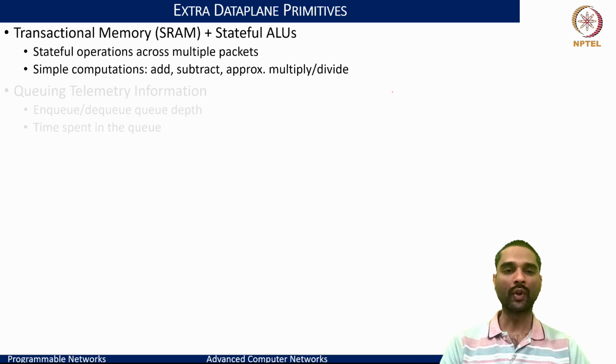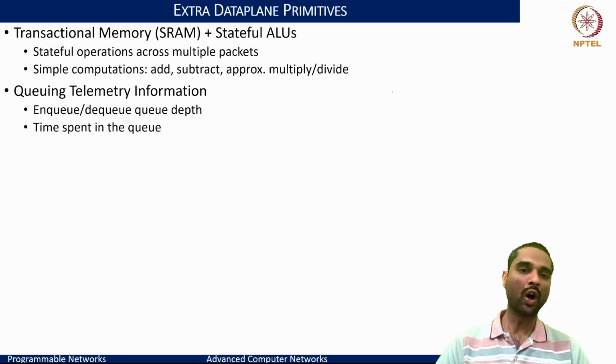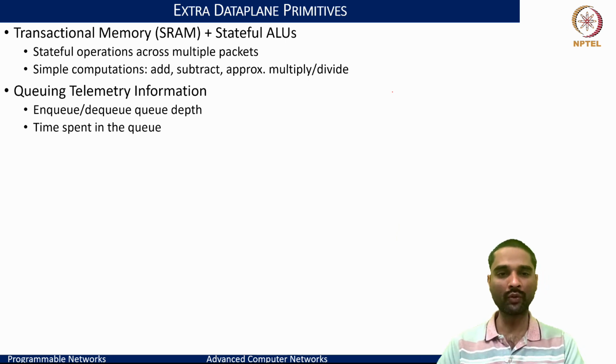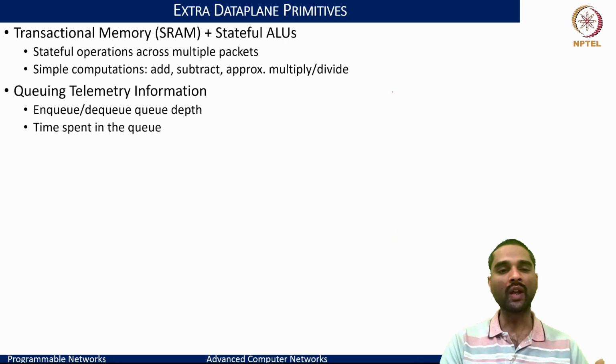And also what this would enable is to provide what we call telemetry information in terms of how much of the time the queues were occupied for a given port, what is the depth or queue occupancy being seen, what's the average queue occupancy, and what is the time spent by packets in each of the queues.